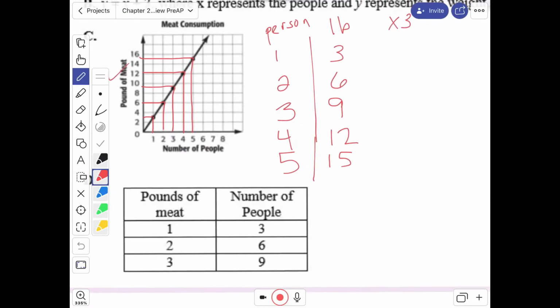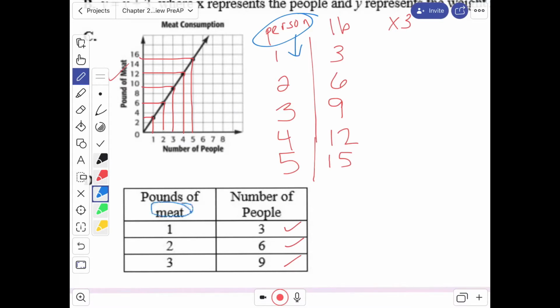Let's check out this table. Are those the numbers that I got when I did my table? It does kind of look like the same numbers as in my graph, the table that I just made. But this column was for people.